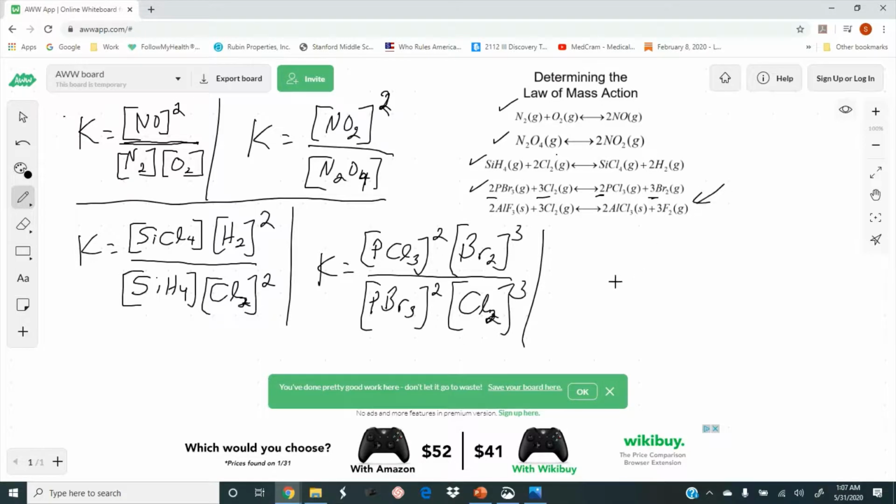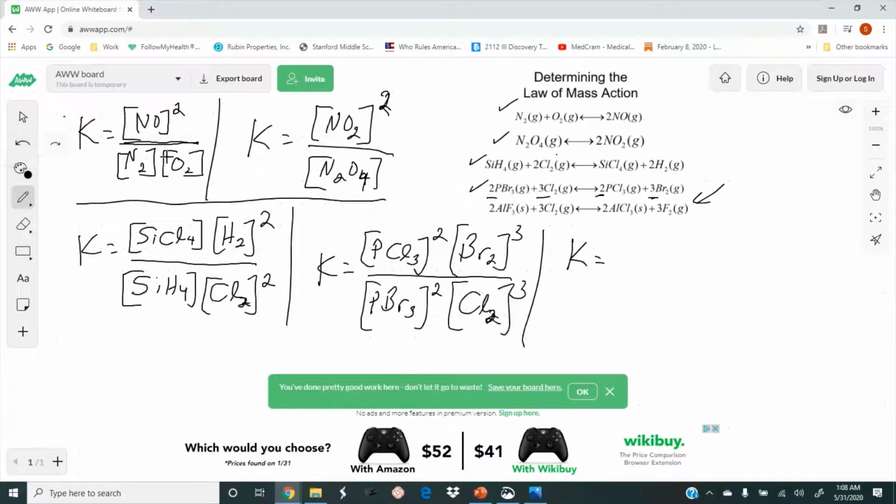And the last one, we did just that, did this one. This one is heterogeneous, which means that there's solids or liquids in there, and we're going to ignore those. We don't technically ignore them, we put a 1 in for them. And if you want me to do the whole thing, it looks like this. K equals... Oh no, actually, let me go ahead and undo those.